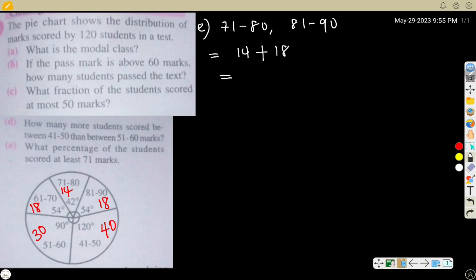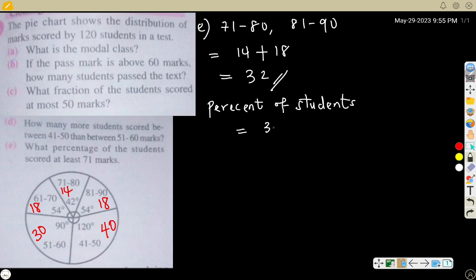So total number of students that scored 71 and above is 14 plus 18, that will be 32. But the question asks for percentage of students that scored 71 and above.